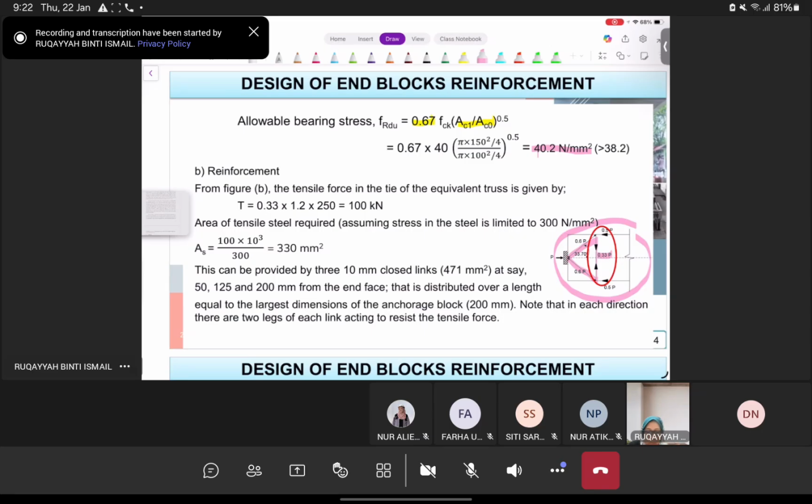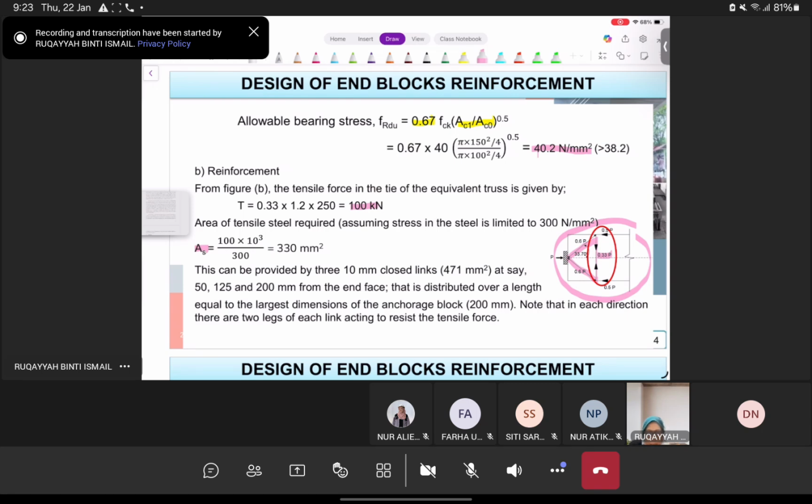So technically, we calculate the area of how much is required. Since the tensile force is 100 that we calculated, multiply with 10 power 2 for Newton and divide with the stress, 300. Sorry, with the P, precise force. Then you can calculate the area that you need to provide to cater for 100 kN tensile force.